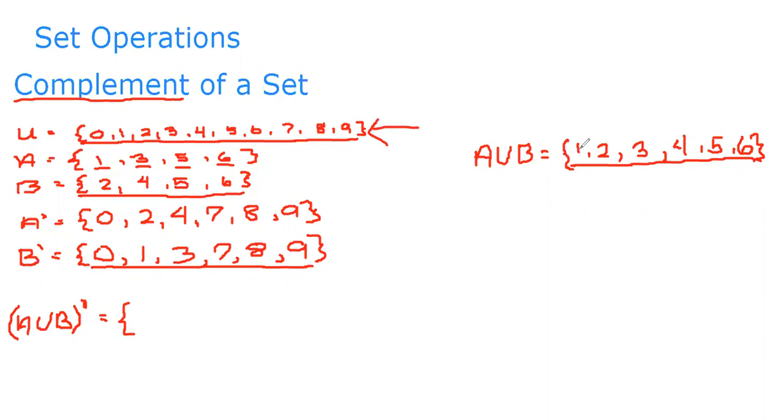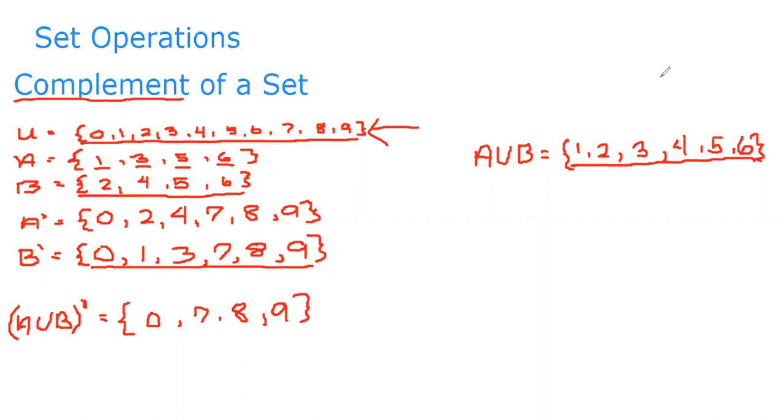A union B has 1, 2, 3, 4, 5, 6. So the remaining elements are 0, 7, 8, and 9. So A union B complement is 0, 7, 8, and 9.